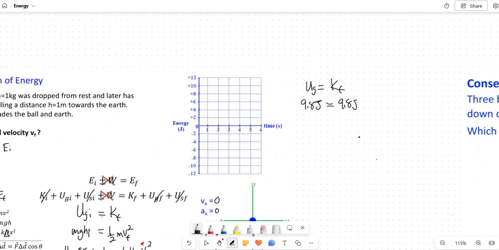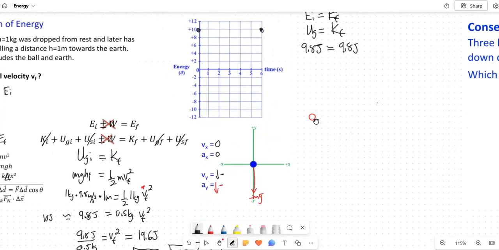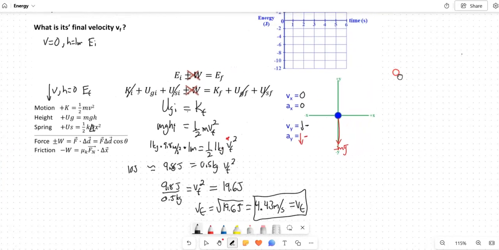So the same thing. If you look at this, look at the change in energy from the initial energy to the final energy. So we're going to plot initial energy compared to the final energy. The initial energy is 10, and after a period of time, well, actually, let's figure out how long it took to fall to the ground.